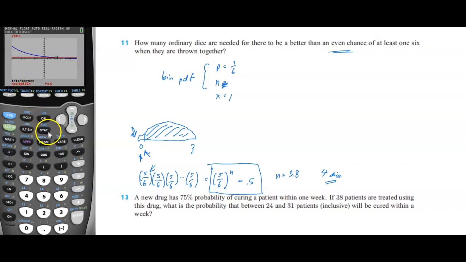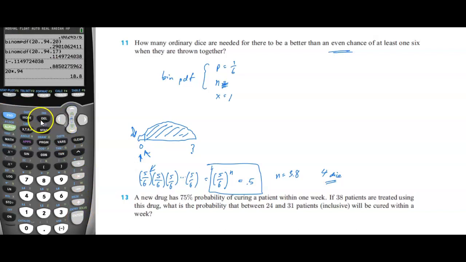The way you would do that with binomial PDF is you would do second distribution, binomial PDF. Oops, not there. Second quit, get out of that. Binomial PDF.